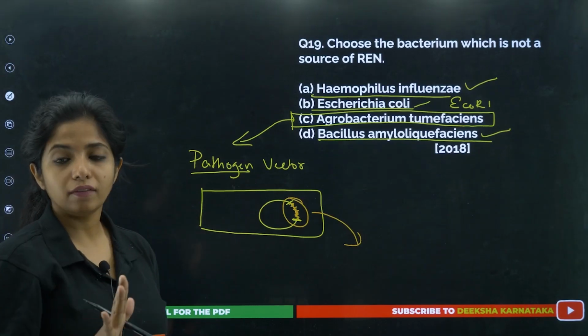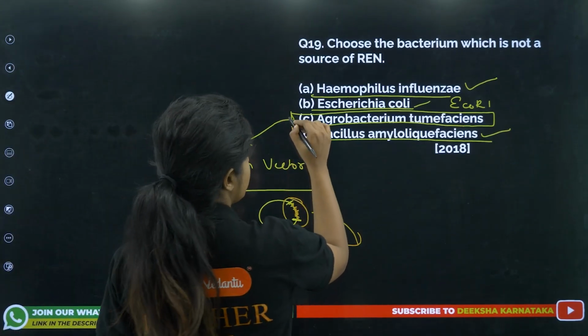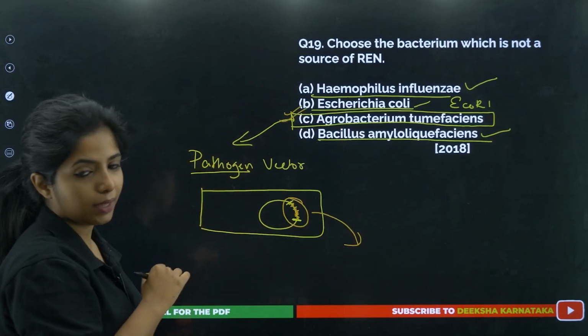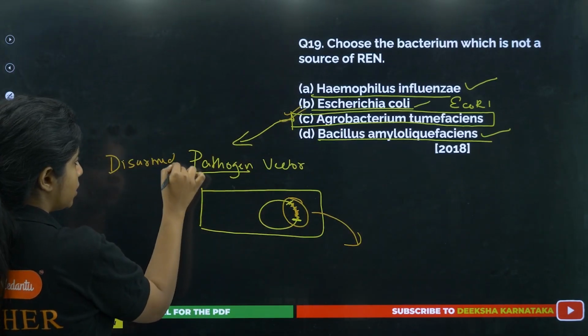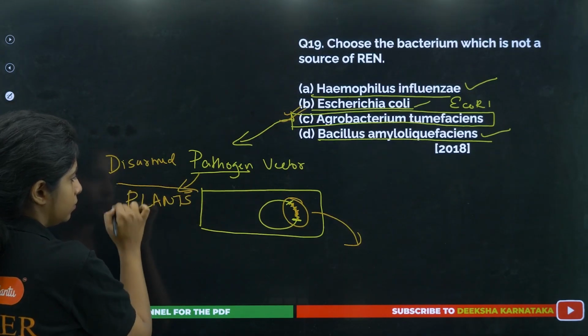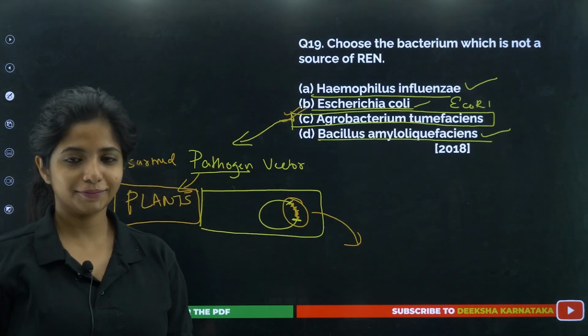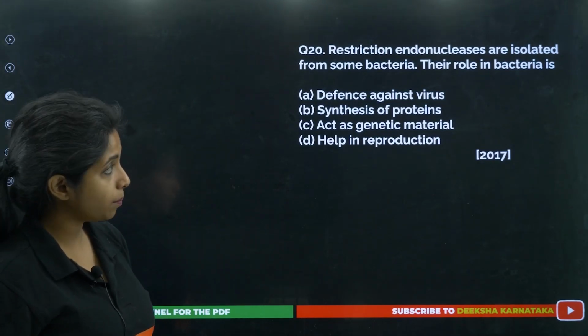It is not a source of restriction endonuclease. All of the others are. So basically this is the answer. And this always acts as a disarmed pathogen vector in the case of plants exclusively.